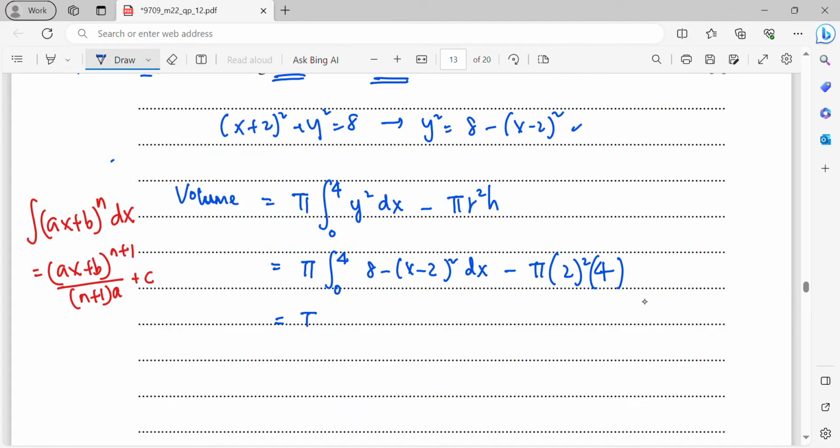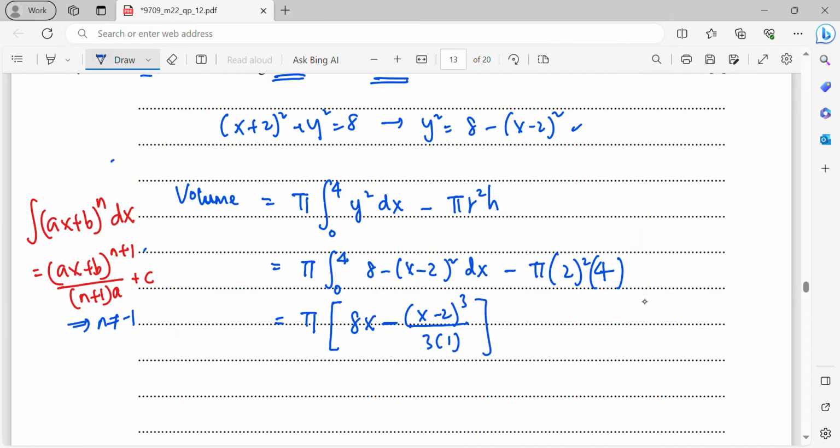Now I will write pi times the integral: integrating 8 with respect to x gives 8x minus (x minus 2) to the power 3, because the power 2 now becomes plus 1. Remember, this formula is valid when n is not minus 1. It can be for any other n. Then over 3, and differentiating x minus 2 gives 1.